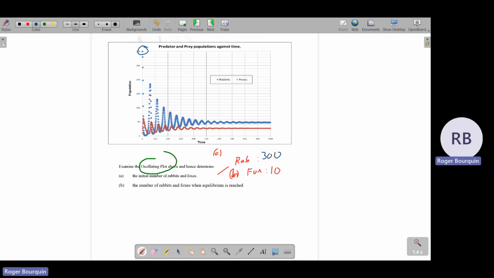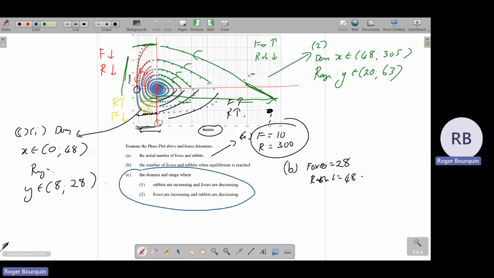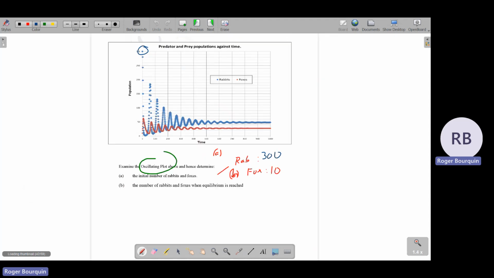Foxes 10, rabbits 300. That was this point over here, right? Foxes 10, rabbits 300 was your starting point. On this graph, the red thing over here is the foxes population of 10. That's the initial fox population. This is the initial rabbit population. And they oscillate all over the place.